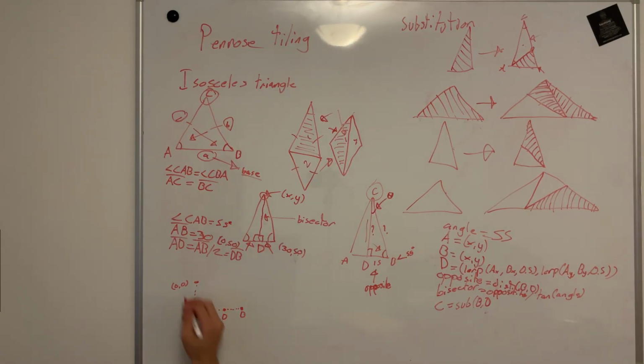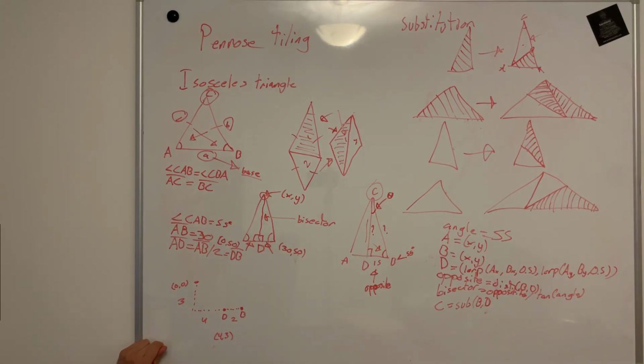So let's say this is 3, this is maybe 4, and this is, let's say, 2. So D is 4, 3.